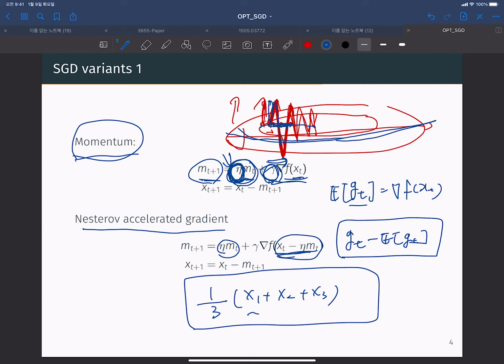Okay. And also in deep learning, you have a huge number of parameters, and then your alpha and beta are not balanced. So you have a very tiny alpha and a very high beta value. At this time, you probably have zigzag behavior, and the momentum method can resolve the zigzag behavior, as I explained earlier.